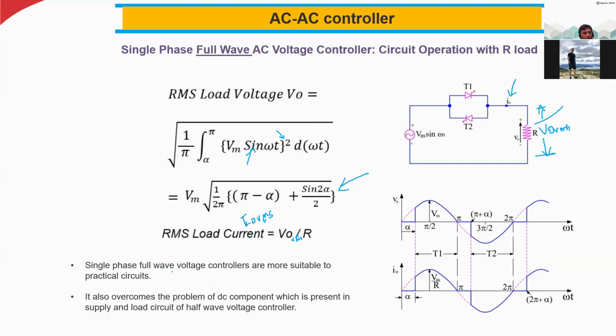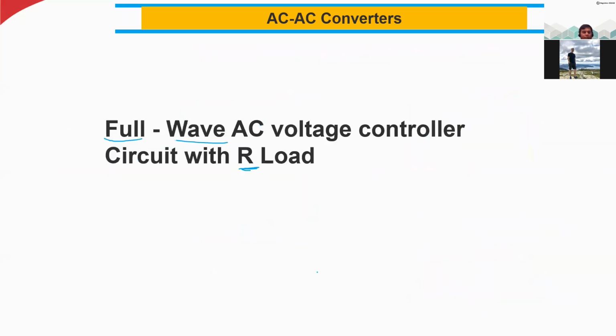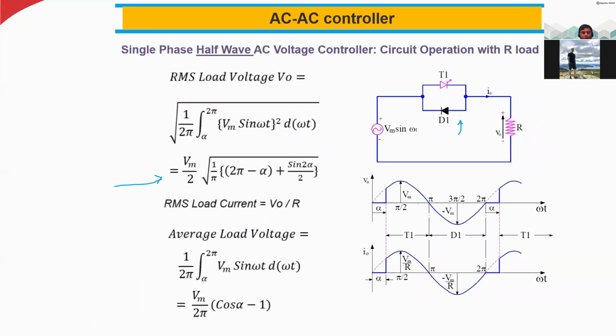Okay, so single phase full wave voltage controllers are more suitable for practical circuits because you have more control. It also overcomes the problem of the DC component, which is present in the supply and the load circuit. Here in the half wave circuit, you have the DC component. We have studied harmonics, AC harmonics, DC harmonics.